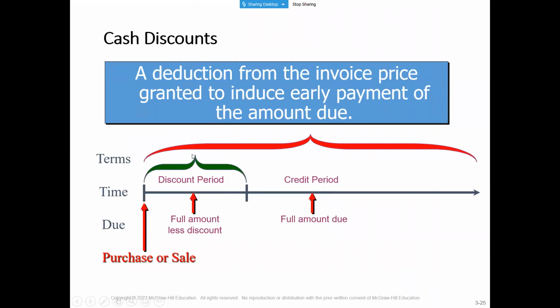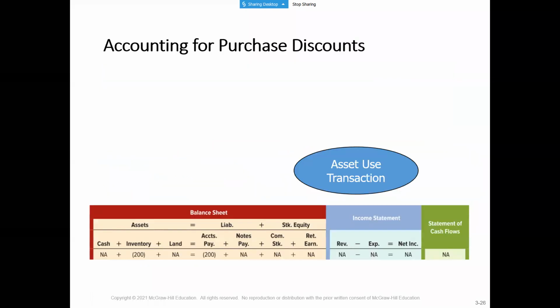So purchase discounts. This is where your company purchases goods and takes advantage of a cash discount period. So you're given possibly 30 days to pay for your merchandise. However, if you pay for that merchandise within 10 days, you are granted a discount. So this is on the purchase end of the deal.